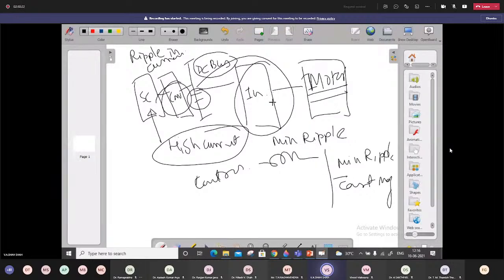We take care of that by generating a reference current from the motor, and based on that we control the inverter functionality in such a way that again the current through the motor has the minimum ripple.